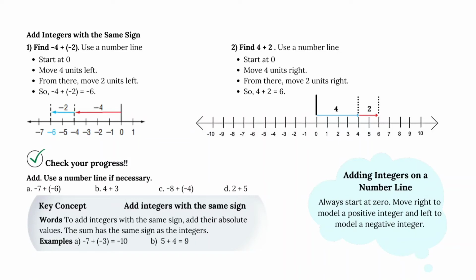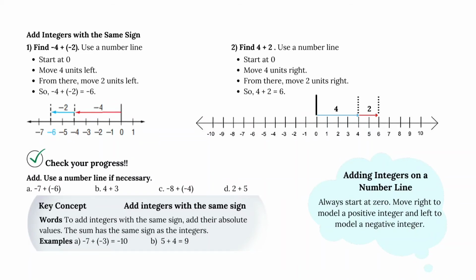For example, negative 7 and negative 3. When we add the absolute values, that is 10. And the sum has the same sign as the integers. Since the integers have a negative sign, the sum will have the negative sign.